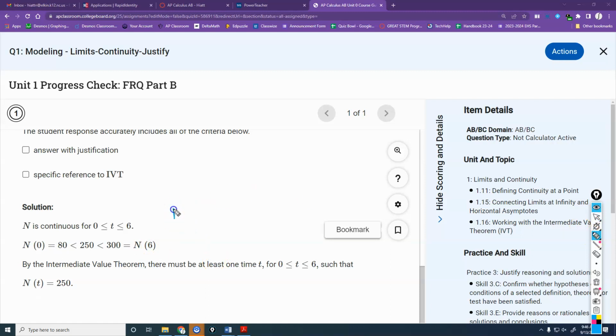We did N of 0 equals 80, and we found N of 6 and said it was 300, and then we did N of 0 less than 250, less than N of 6, so you could do it that way also. And then you make your conclusion by intermediate value theorem: there must be at least one time t from 0 to 6 such that N of t equals 350. All right, questions?